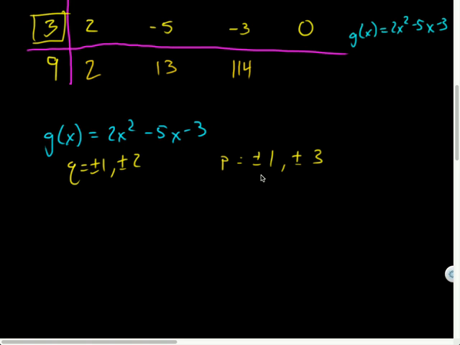It would narrow my search down a little bit. But I would still end up having to realize that I had to try 3 again. But that's a possibility. But let's just factor it straight up. So 2x squared minus 5x minus 3 set equal to 0. To factor this, what am I going to have to do?